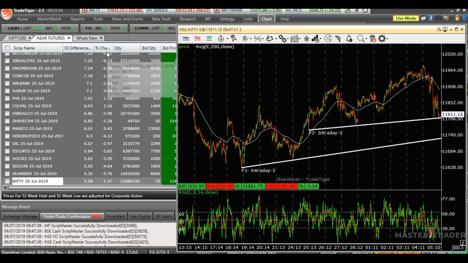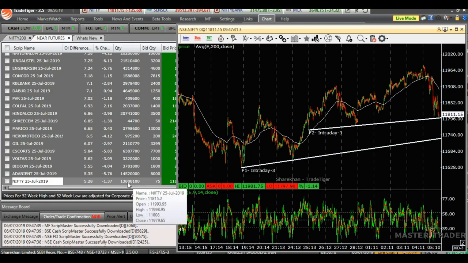And this percentage change is the change in price. Nifty has gone down by approximately 1.33%. So we have a rise in open interest and a fall in price. If you look at volumes, we have to compare them with the previous day.